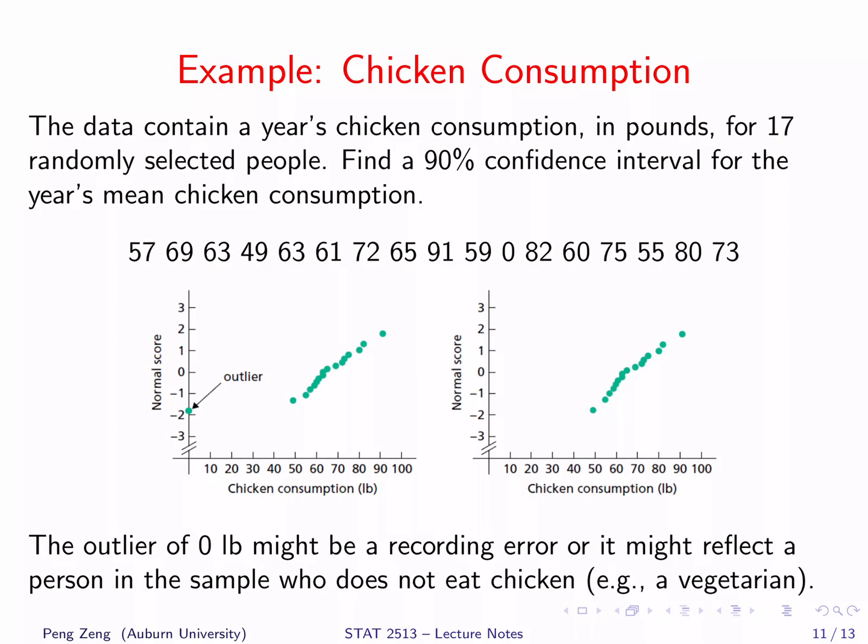After removing this outlier, we draw the normal probability plot using the remaining data. Now, all points fall roughly on a straight line. It indicates that the normality assumption holds, and we can apply the t-interval procedure.